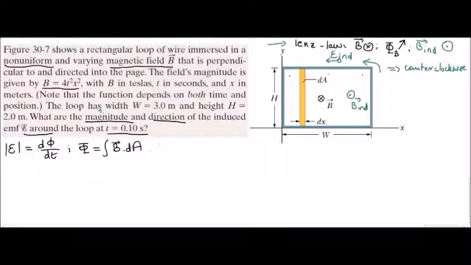So what is dA? We took a dA, a rectangle like that, of width dx and height h. Why did we take this? Because look at the expression of B. Is B changing with x, or with y? B is changing with x. If you take these points at the same y, is B changing or not? No, B is constant.